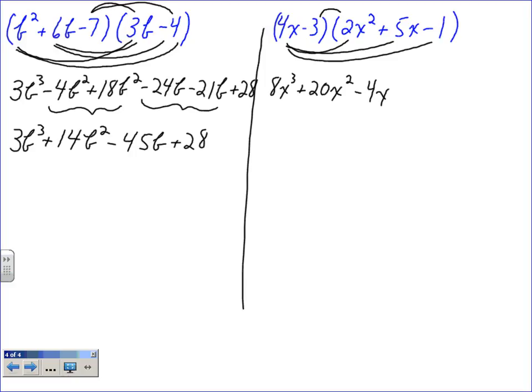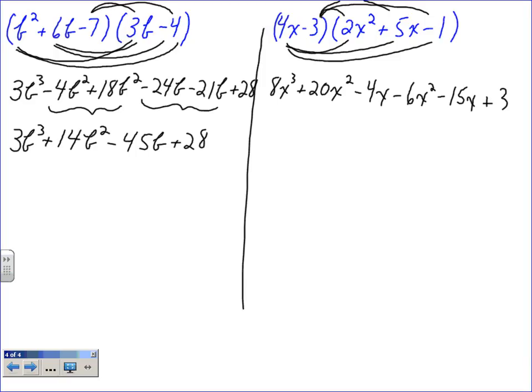Negative 3 times 2x squared is negative 6x squared. Negative 3 times 5x is negative 15x. And negative 3 times negative 1, positive 3. I draw those lines up there to show you, but some students do that as they're showing their work.